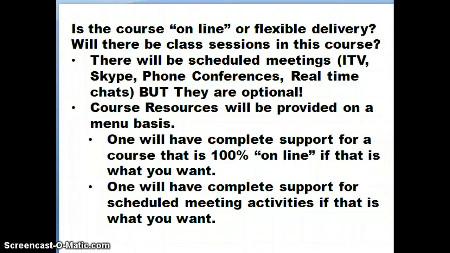But at the same time, course resources will be provided on a menu basis. You will see lots of options. So look at the extremes. You could, if you wanted to, have complete support for a course that's 100% online, if that's what you want, and you will have every resource available for you.